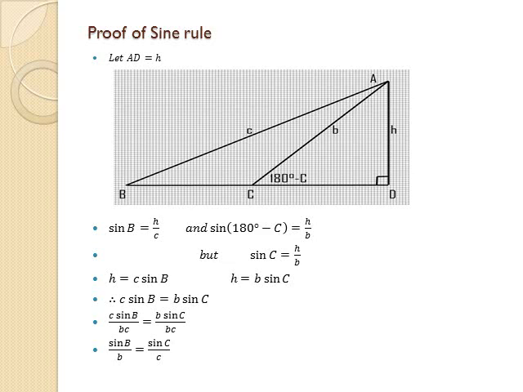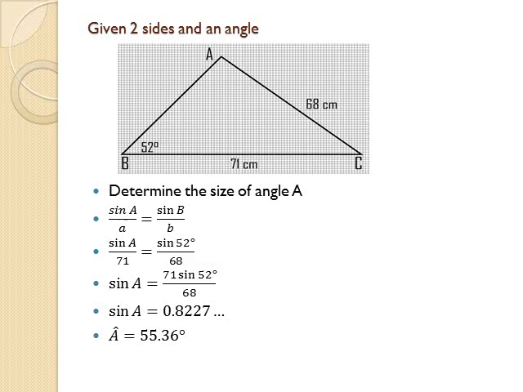Right? I'm going to be looking at two general problems that you need to know. Alright, so first, we can give you two sides and an angle, meaning they have given you the length of BC, 71, and AC, 68, and any other angle. The angle generally is not in between the two sides.